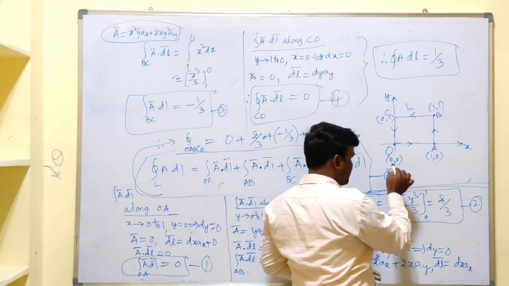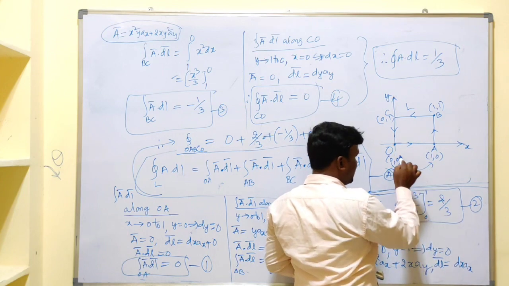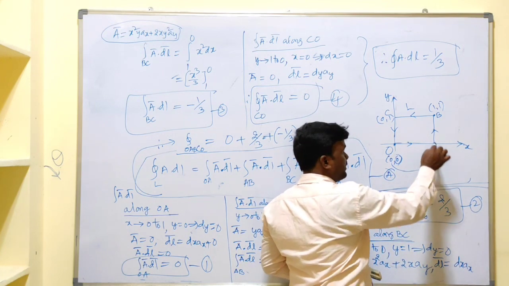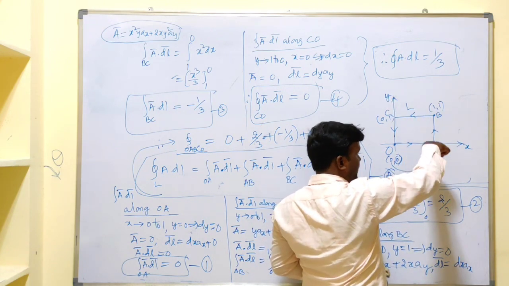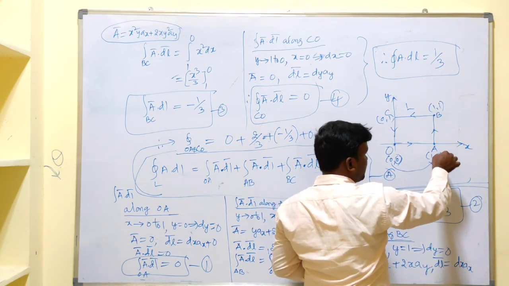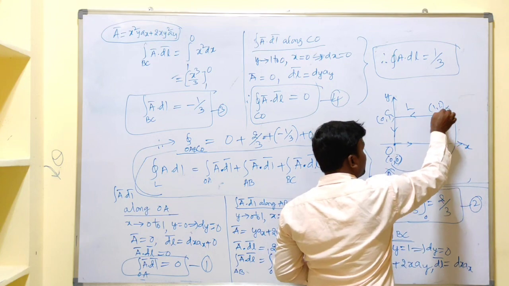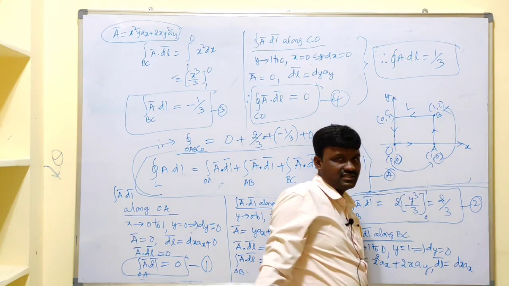Here x is varied from 0 to 1, whereas y is 0. Similarly, in the vertical direction, parallel to y, y is varied from 0 to 1, whereas x is constant.